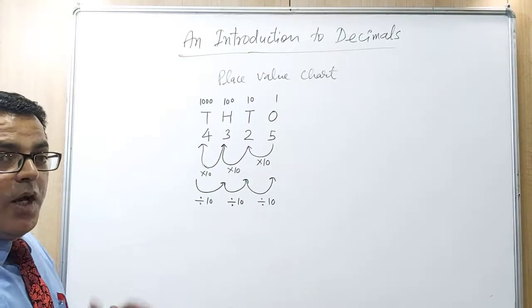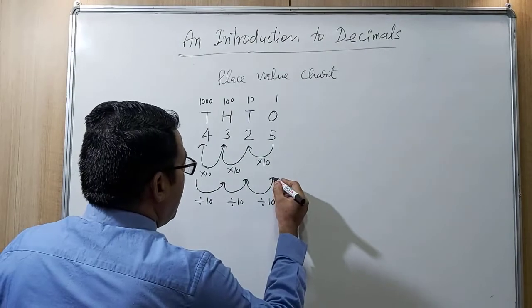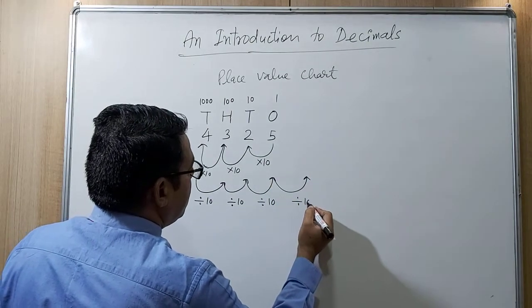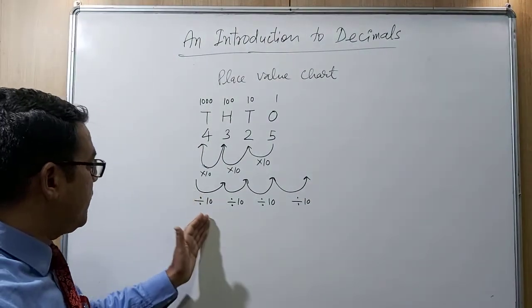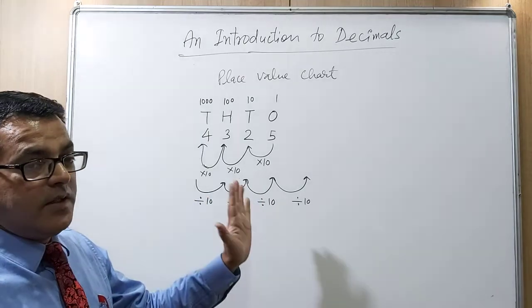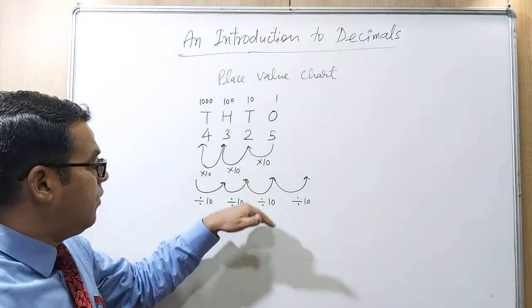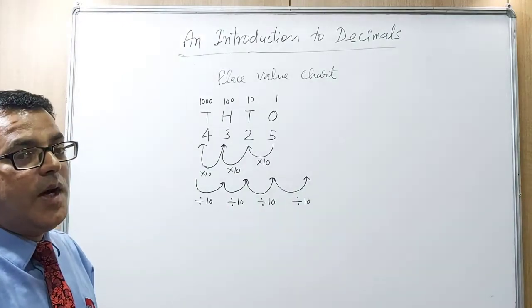We have already discussed all these things. Now, if I want to move one more step in this sequence, you can see here one sequence is there, right? If we want to shift to another box, another column, we need to divide by 10.